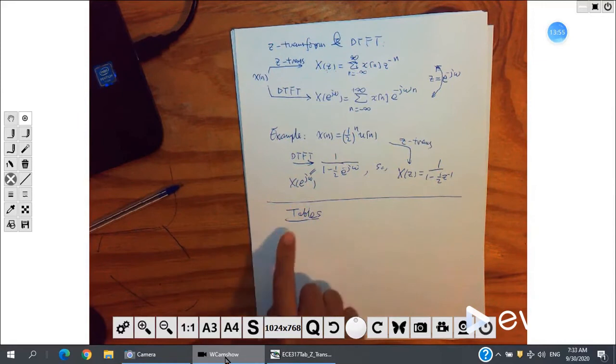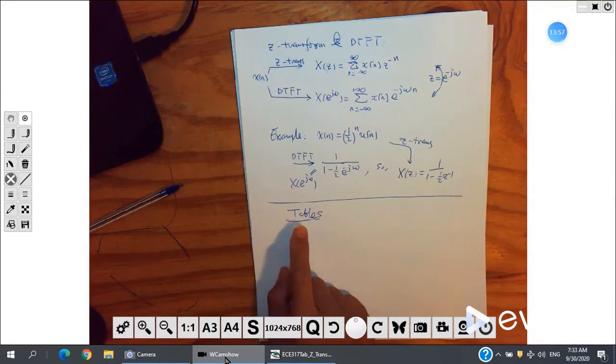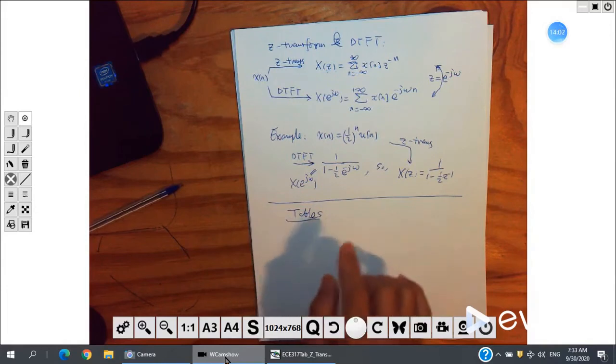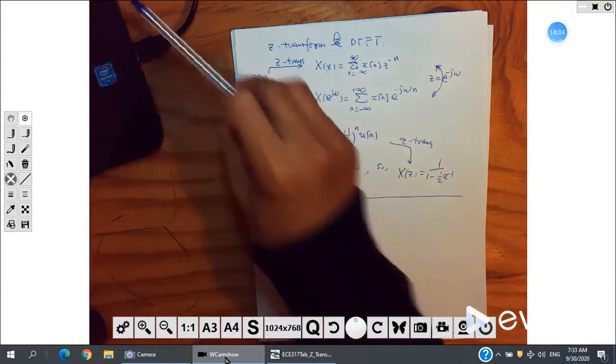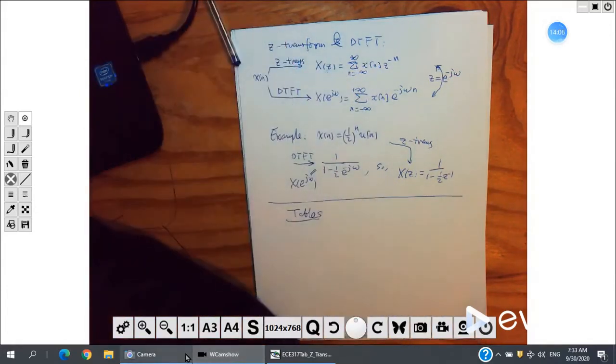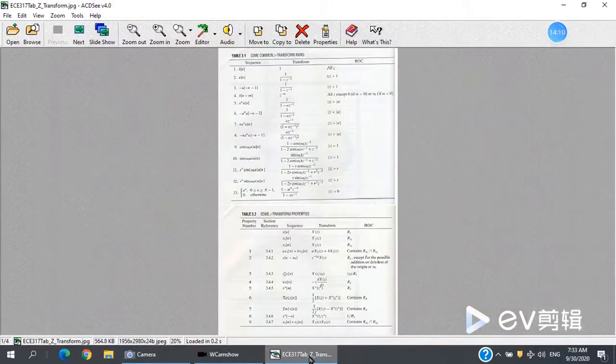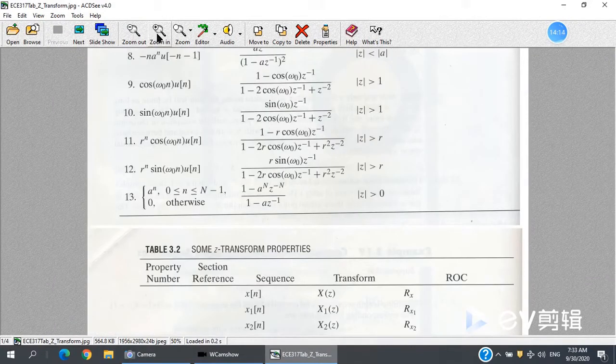But for commonly used signals, people have already found the results and listed them in a table. So we can just apply those from the table. I have this table here. I posted this table on Blackboard.